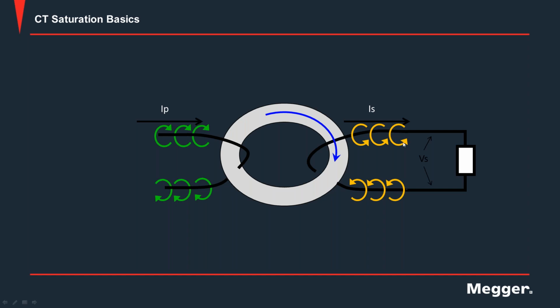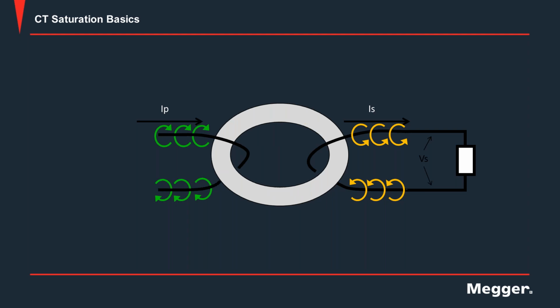And again, if you have a magnetic field here, there will be an opposing magnetic flux opposing the coming flux from the primary side. Okay? But there will come a time, because of too much current on the primary, that the magnetic flux coming from the primary side is stronger, and it will not be opposed by the secondary side.